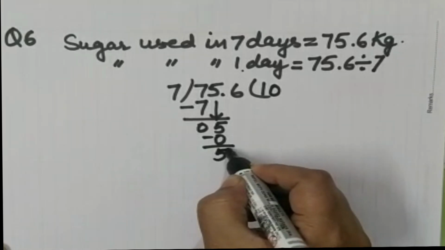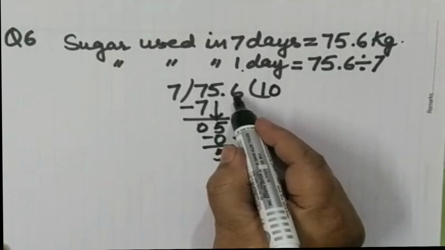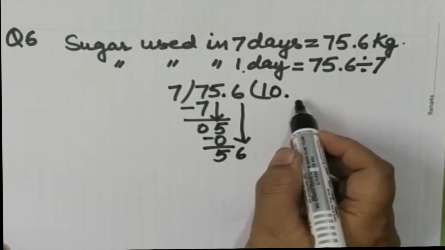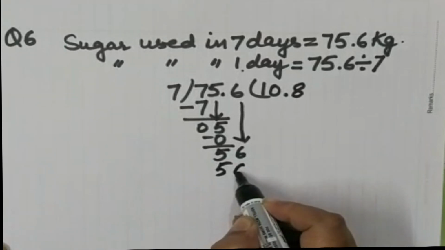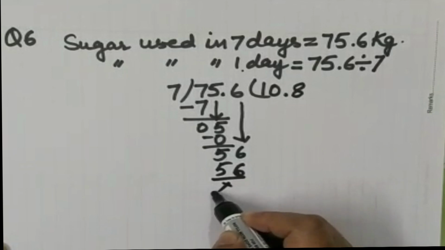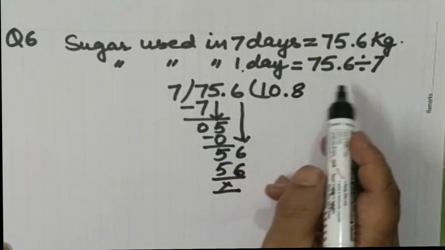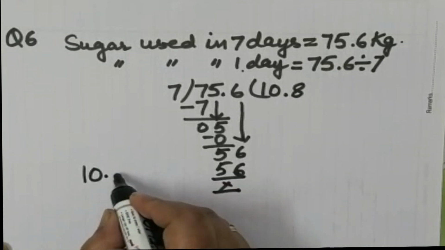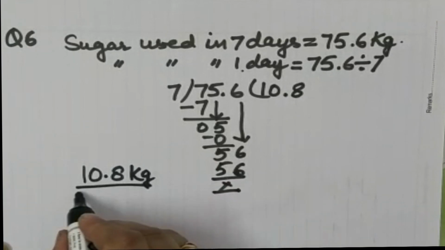Minus 5, and 6 carried out, but before 6 here is a decimal, so we put the decimal here. So 7 times 8 is 56. So in 1 day the sugar used is 10.8 kg. It is your answer.